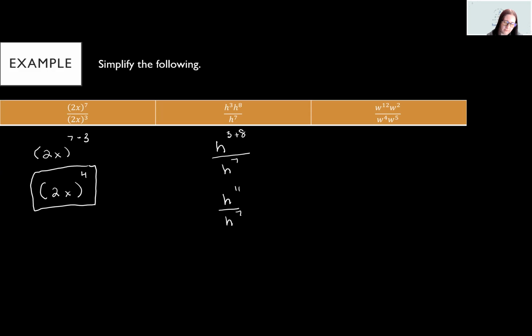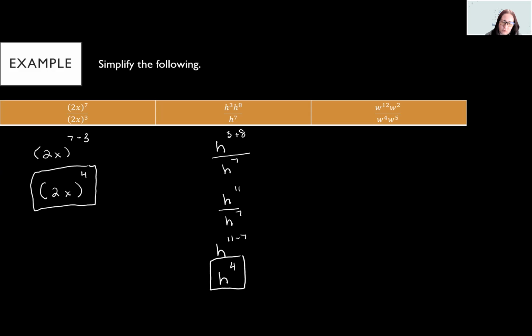Then you use your division rule where you subtract the exponents, top minus bottom. That gives us h to the 11 minus 7, which is h to the, why am I having a brain fart? Doing this subtraction, I don't know why I'm having a brain fart with 11 minus 7, 4. So that gives us h to the 4th as our final answer.